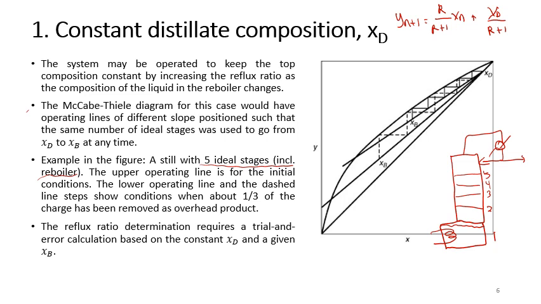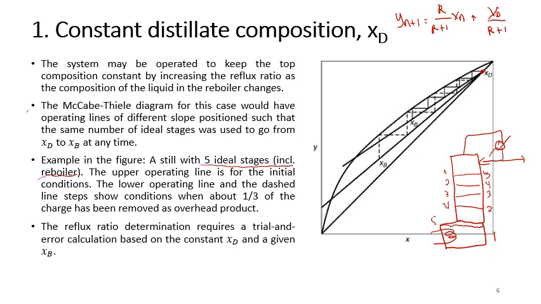Okay, the numbering may not be conventionally correct because normally we start from the top 1, 2, 3, 4, 5, but in total you have 5 stages. So let's start with the upper operating line for the initial condition. Because you are keeping the XD constant, have a look at the graph here.